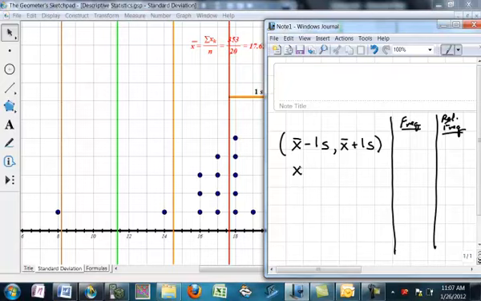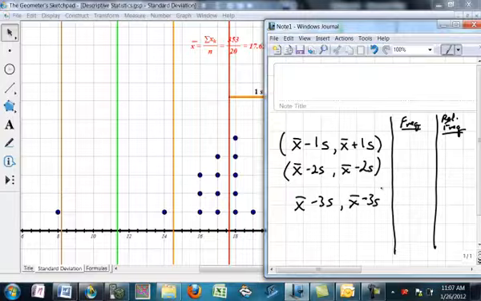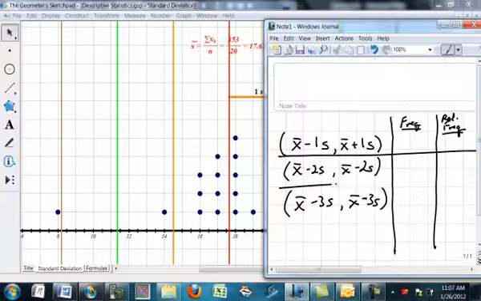And then we'll do the same for going out 2 standard deviations and 3 standard deviations. Luckily I have all of these marked on the sketch over here.